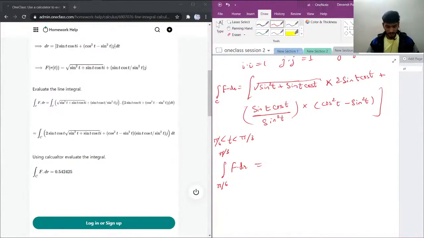Multiplied by 2 into sine x into cos x. This whole term will be in the bracket.